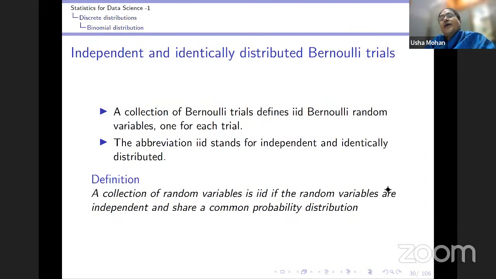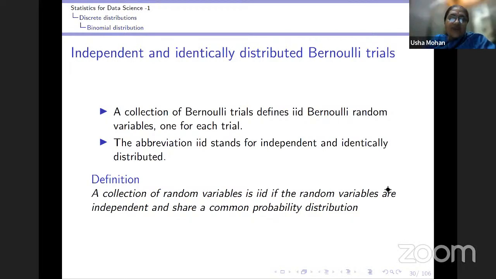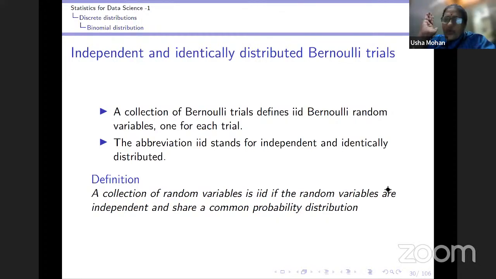What are the possible outcomes of each trial? Heads or tails. Trial 1, head or tail. Trial 2, head or tail. Trial 3, trial 4, each one of them has only 2 outcomes.